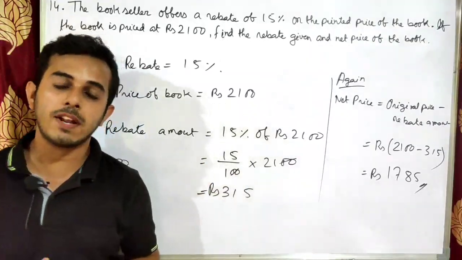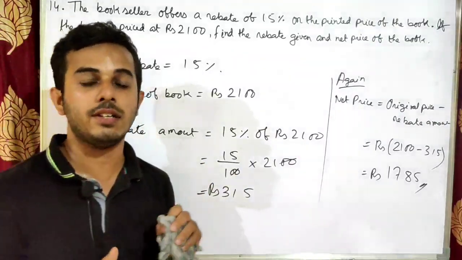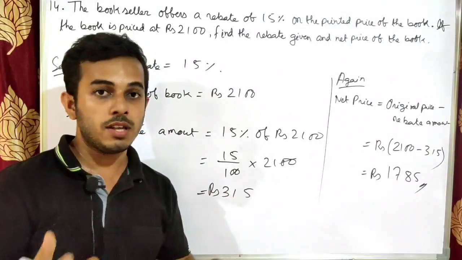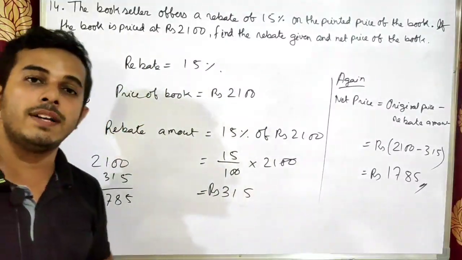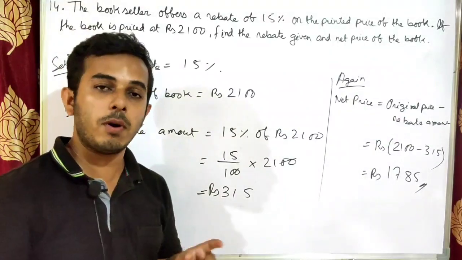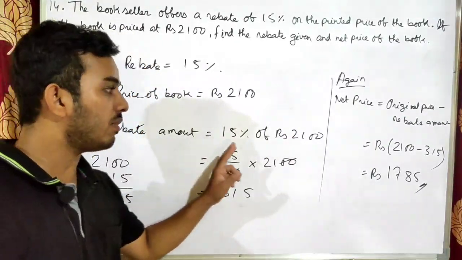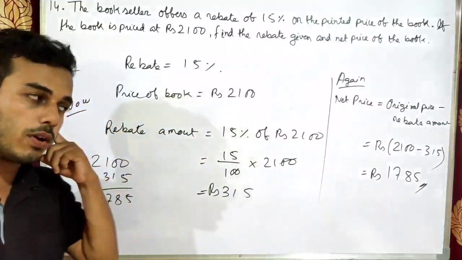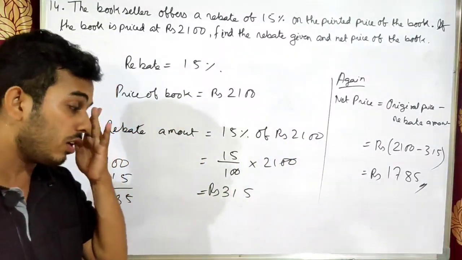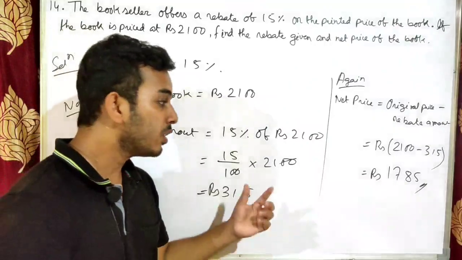So how do we find the net price of the book? If the rebate and the printed price are given, first you have to find the rebate amount on the printed price. I found the rebate amount equals 15% of 2100, which becomes 315.